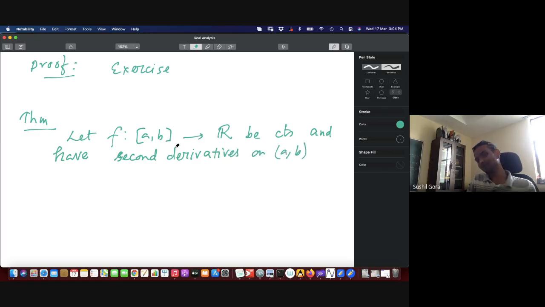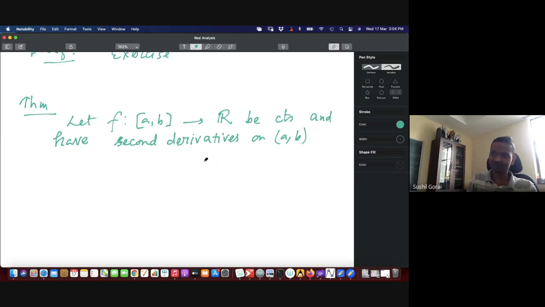See, we have not assumed continuity of the second derivative, but we assume that at every point, the second derivative exists.